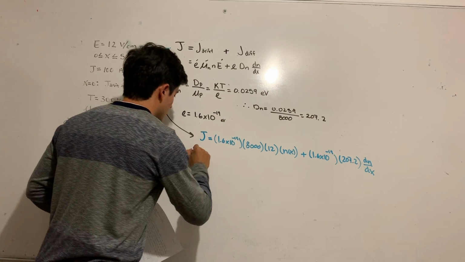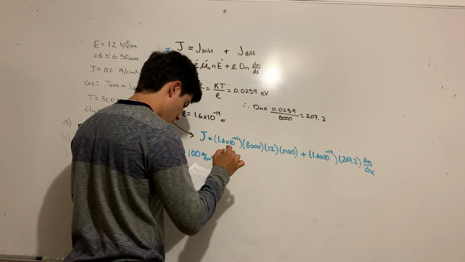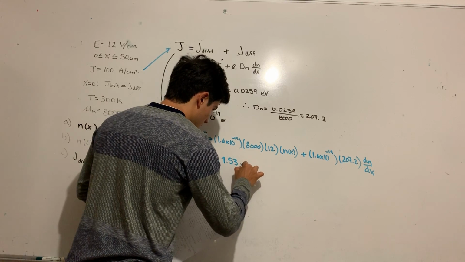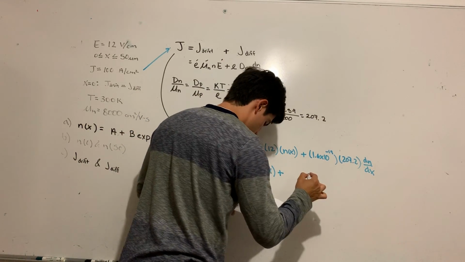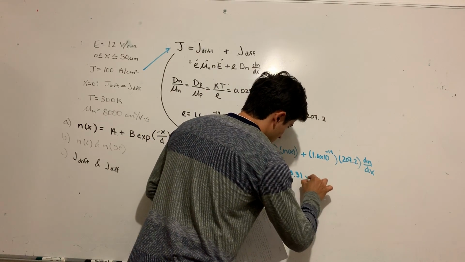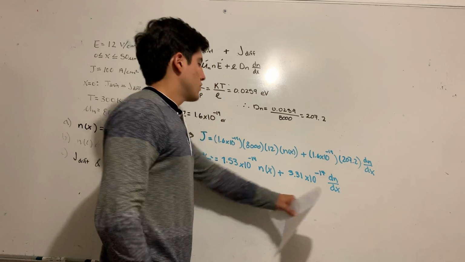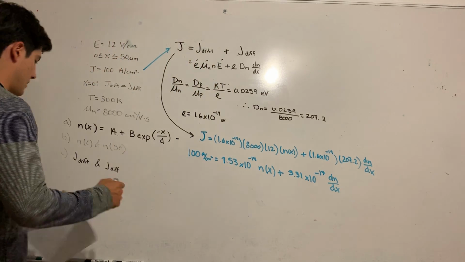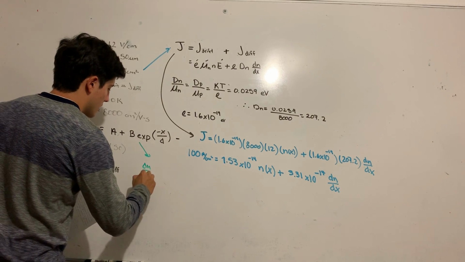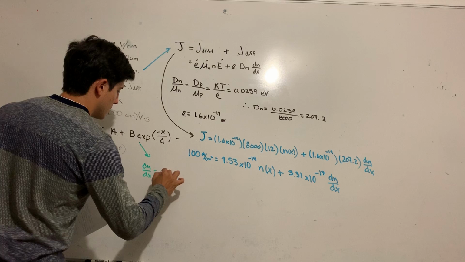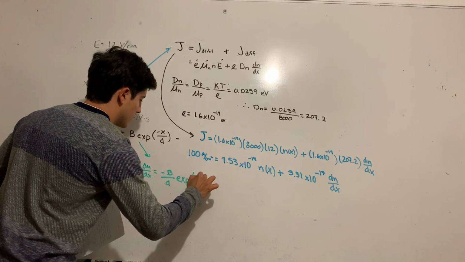So we have that 100 amperes per square centimeter is equal to 1.53 times 10 to the minus 14 n(x) plus 3.31 times 10 to the minus 17 dn/dx. So dn/dx we can get from over here. dn/dx would be minus B over d times the exponential of minus x over d.